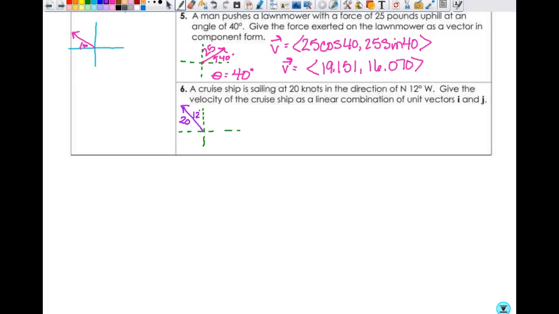So I need theta. What would theta be? 102, because 90 plus that 12 is 102. So that means my vector is 20 times the cosine of 102 and 20 times the sine of 102.